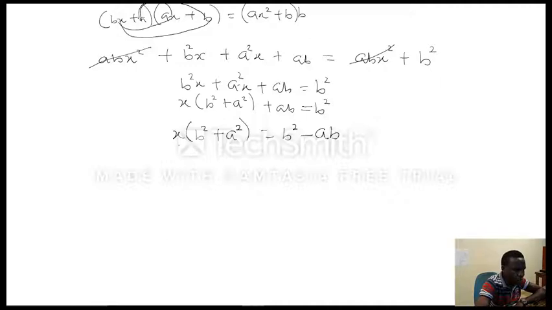Next, in order for us to make x the subject of the formula, is to divide both sides by bracket b squared plus a squared. And when you do that, you have something like this.